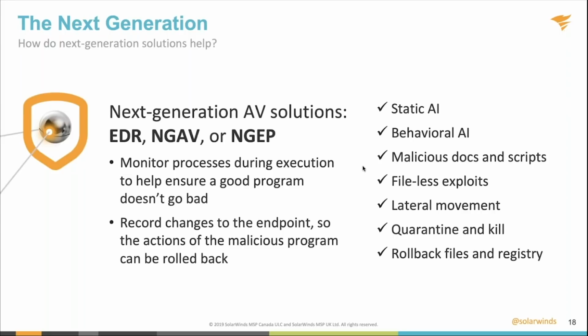So as soon as a threat is detected, we want to be able to quarantine and kill the process and the file that it was originally executed from. And then, of course, a next generation solution is going to include that ability to roll back files and registry entries in the case that we detect a process goes bad after it's executed.